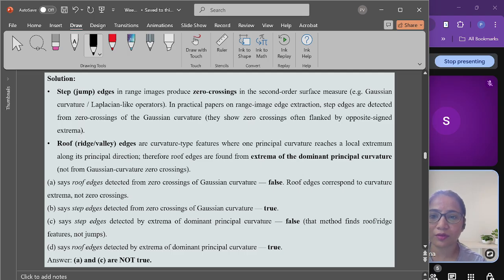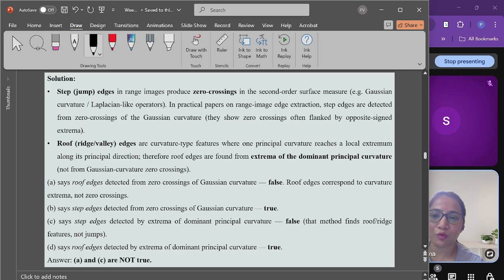Similarly, roof edges, also called ridge or valley edges, are the type of curvature features where one principal curvature reaches a local extremum along its principal direction. Therefore, roof edges are found from extrema of the dominant principal curvature, not from the Gaussian curvature zero crossings. Okay, so let's see the options.